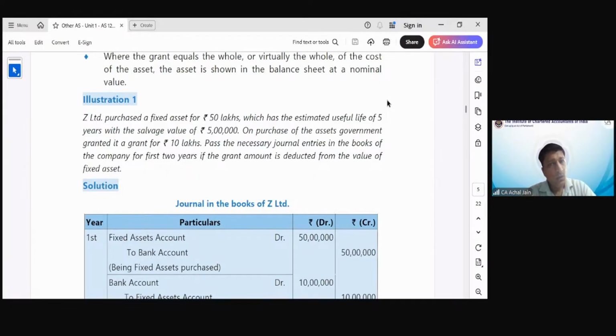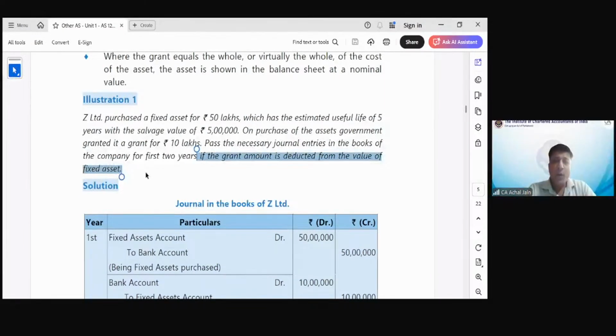No, sir. So in such a case, two options will not be there. It will only be one option. So in this case, it's the net basis. Secondly, the question has specified very clearly. If you read the question carefully, it has specified very clearly. That's why you are doing this. Clear?